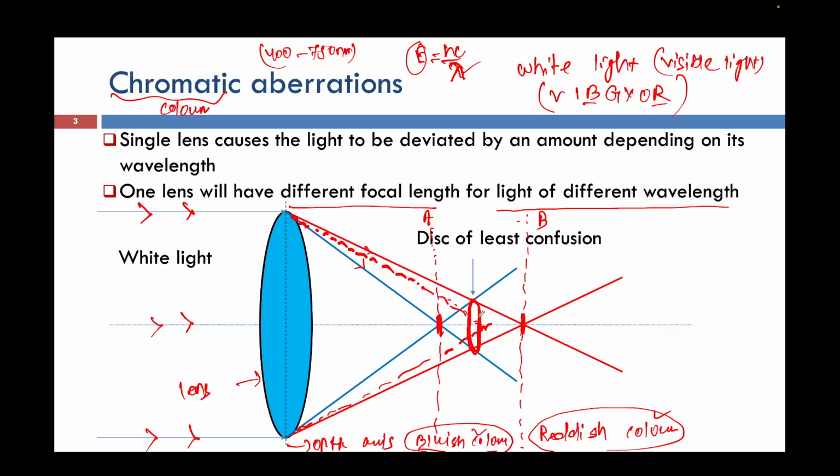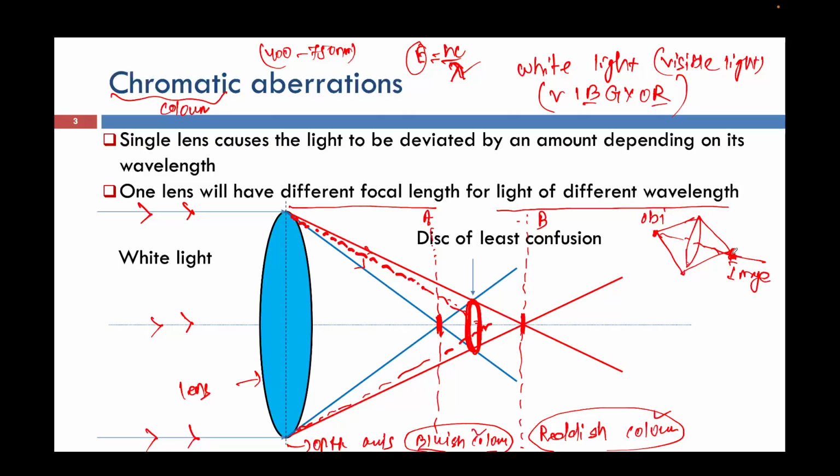And now you can see, instead of one point I am getting a disc. Earlier, if you take this as my object and this as my image, this was the ideal case.